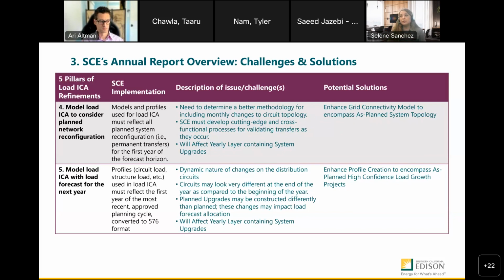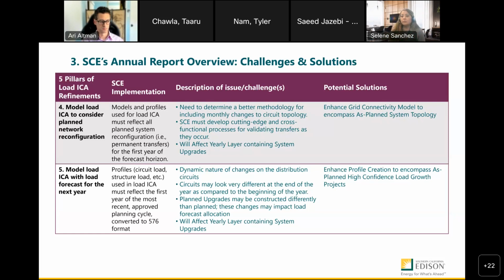We want to provide a better methodology for including these in our monthly updates to the circuit topology. And the way we're envisioning this is that you'll have an as-is topology and a to-be topology so that you could see the differences between what exists today and what will be.